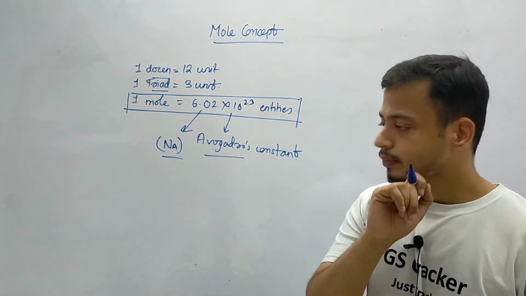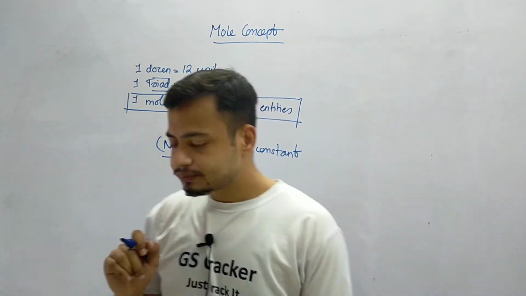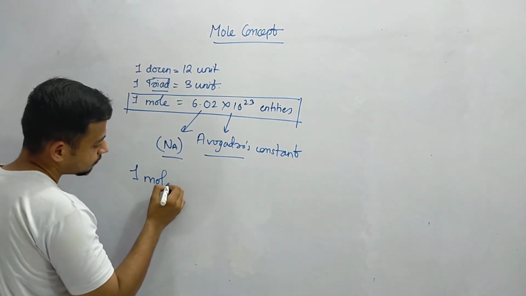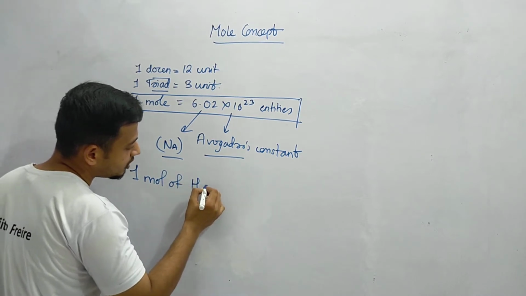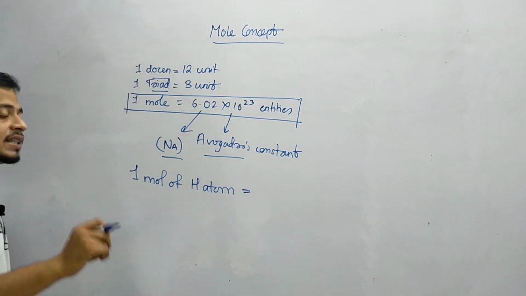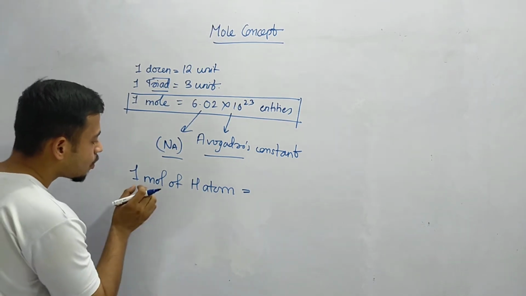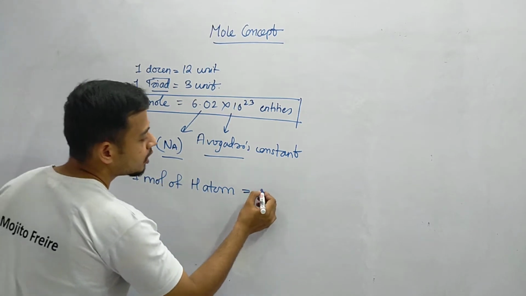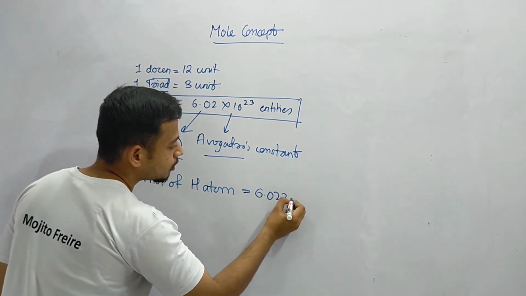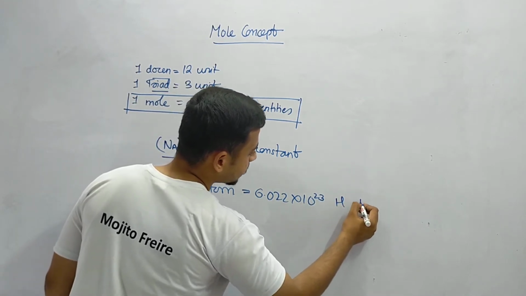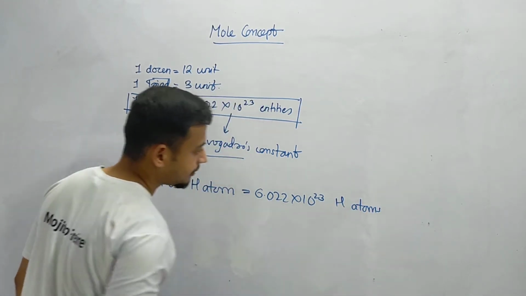So if I say that I have 1 mole of hydrogen atoms, what does this imply to you? This would be equal to 6.022 into 10 power 23 hydrogen atoms, right?